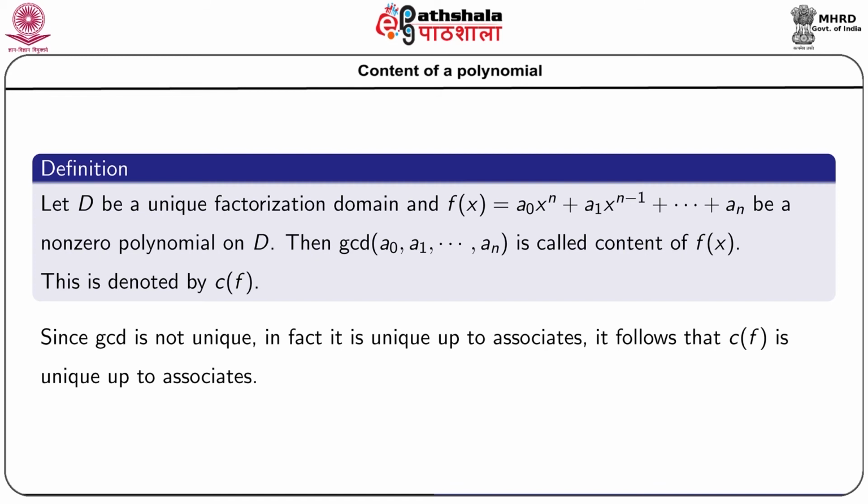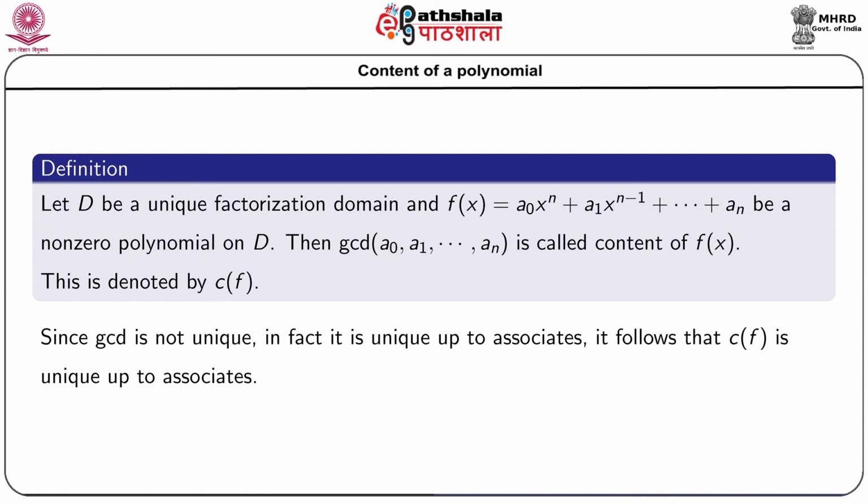Note that since f(x) is a non-zero polynomial, some ai are non-zero, and in a unique factorization domain the GCD of non-zero elements exists. So, the content c(f) of a non-zero polynomial f(x) always exists in D.